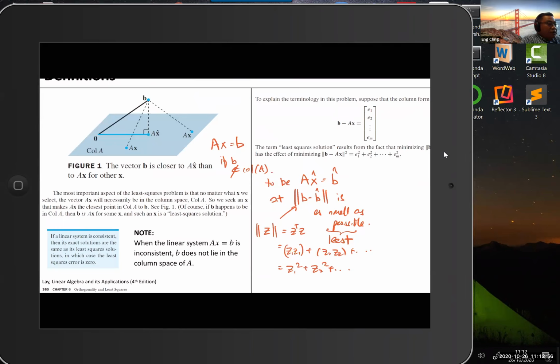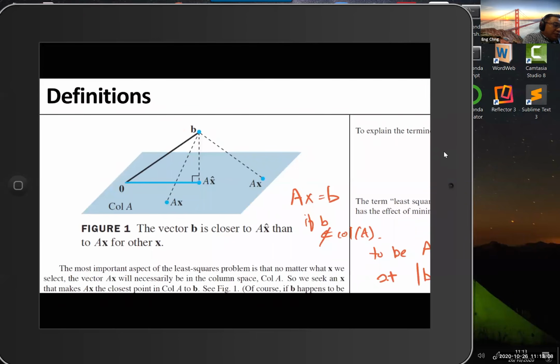So we always come back to this nice picture. Let's erase this first. Now, this is our B, and this is our best solution, AX hat, and we call this B hat. The hat says the best approximation of B. Now I could find another X, let's call it X1, and this X2.